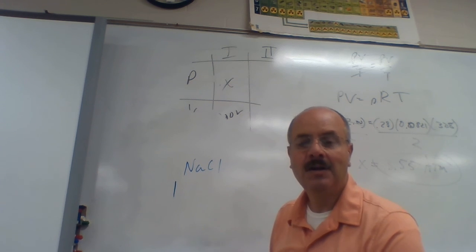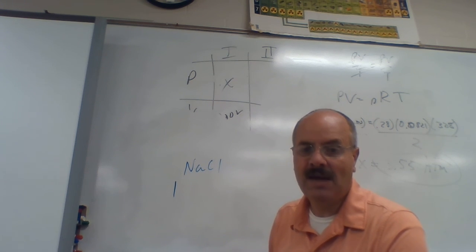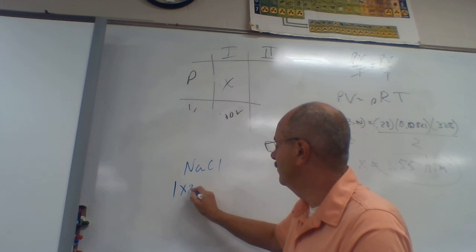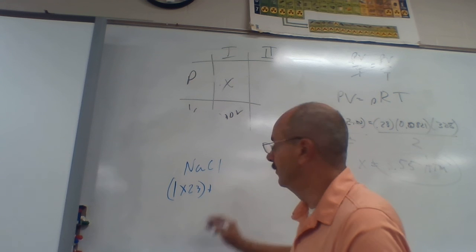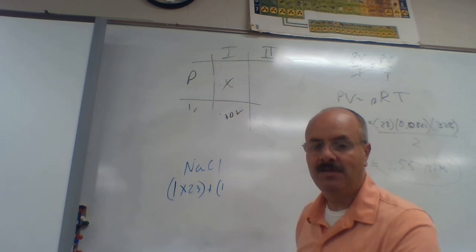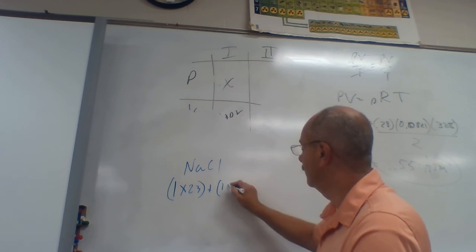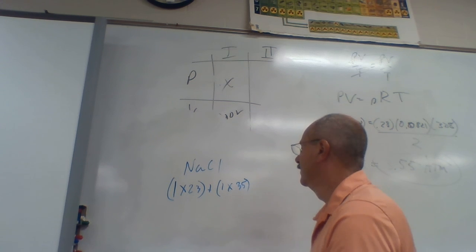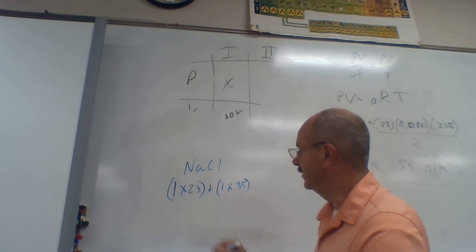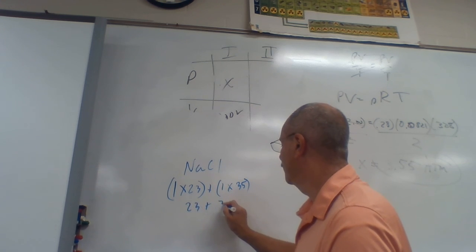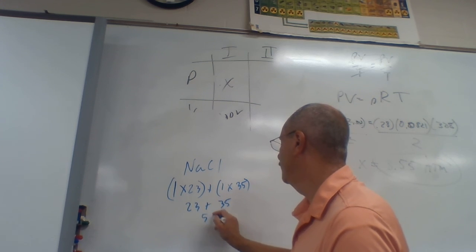So I go to the periodic table and look up its mass, which is 23. So I go 1 times 23. Then I'm going to add that to how many chlorines are in this thing? 1. And its mass from the periodic table is 35. So 1 times 35. So 1 mole of formula units of this thing is going to be 23 plus 35, which happens to be 58.